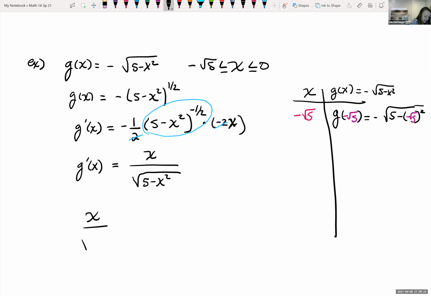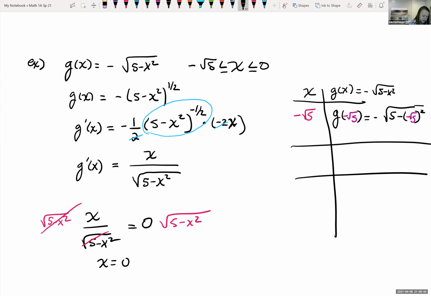So we only really need to worry about when the numerator is equal to 0 in this case. We multiply both sides by that radical. The fraction will go away. And we get x equals 0. So I'm going to also have to put in 0 in here, but that's also the end bound here.